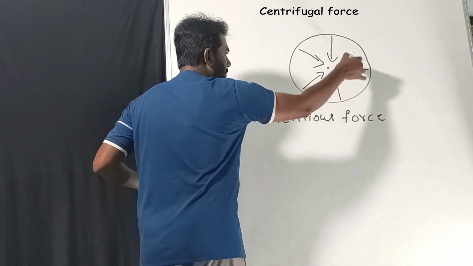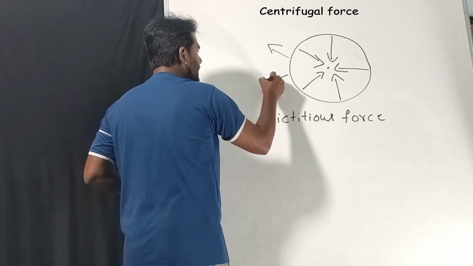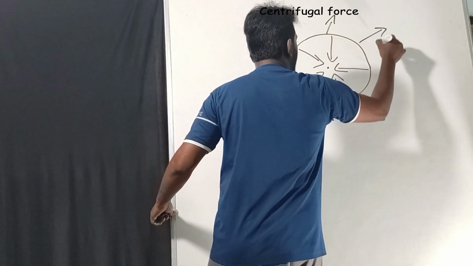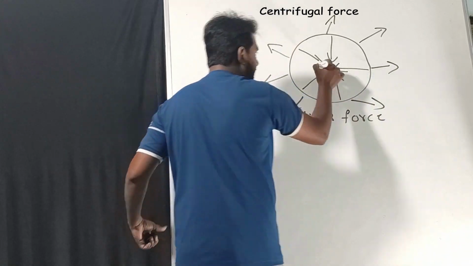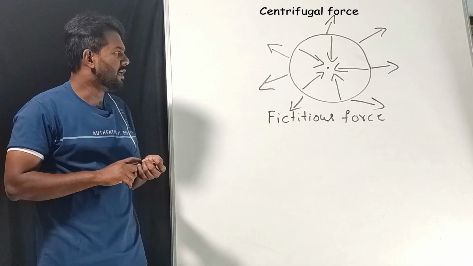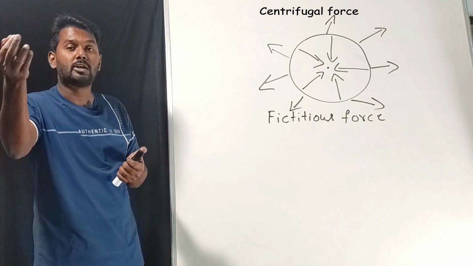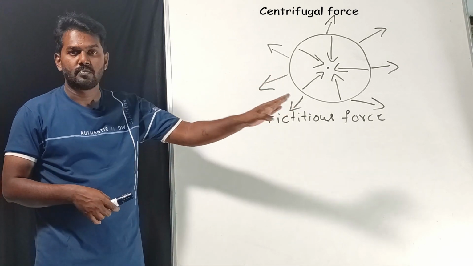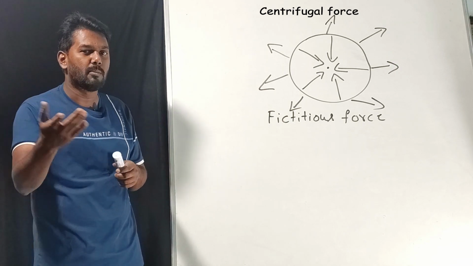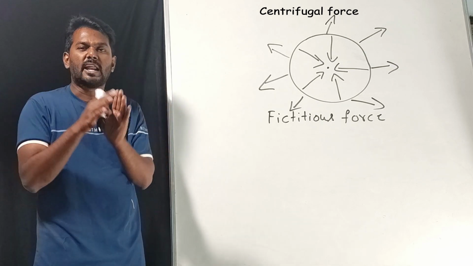This is an example for centripetal force. So the direction of centrifugal force will be away from the center. What we can conclude easily is that centripetal force is opposite to centrifugal force, but the magnitude remains the same. Magnitude means the number, the force value. Assume some force value in centripetal force, 10 Newton.